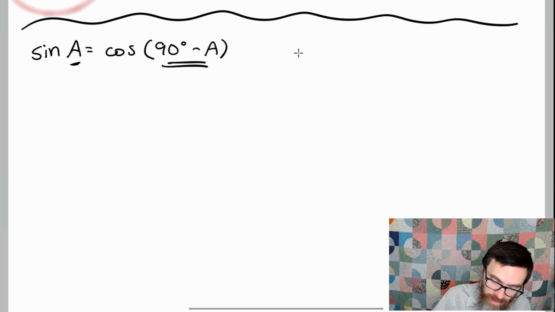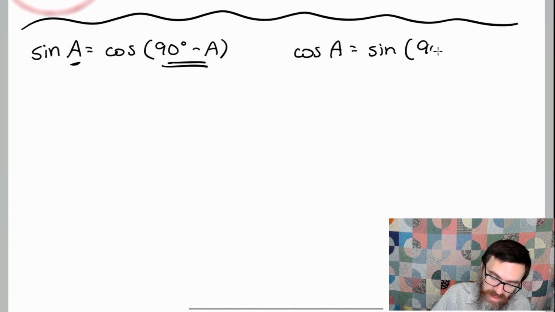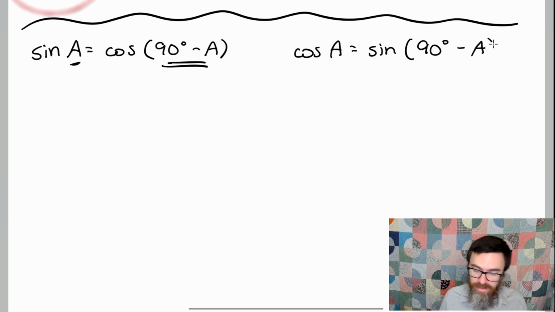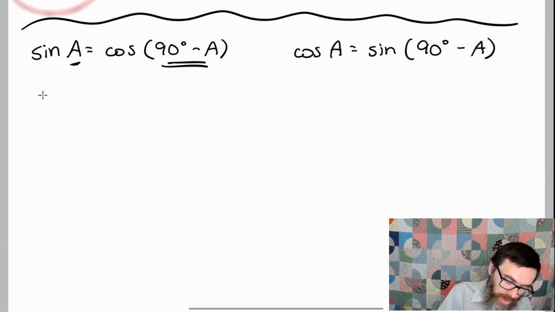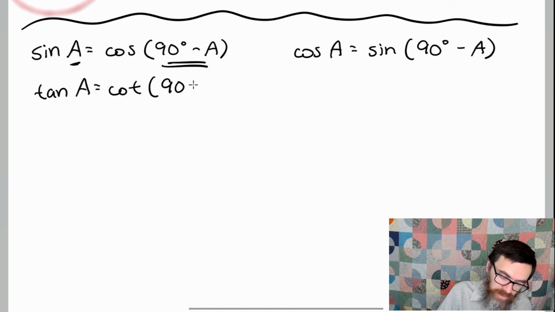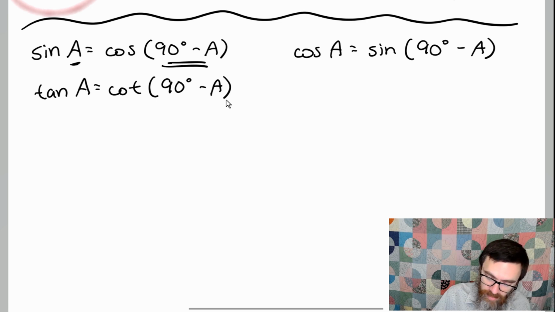In much the same way, we can say that the cosine of A is going to be the sine of its complement. When I do the tangent, that's going to be the cotangent of the complement.